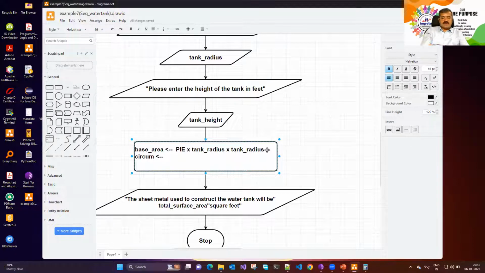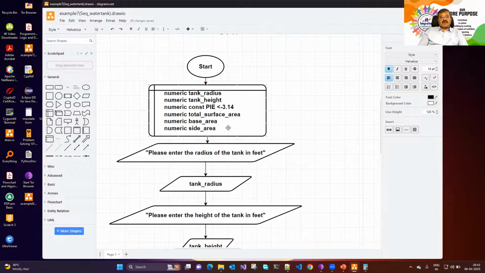Circumference could be very simple. I am calculating circumference by saying 2 into, and I'm doing exactly what you said, just breaking it into two variables, 2 pi into radius. So what I have calculated is the circumference.